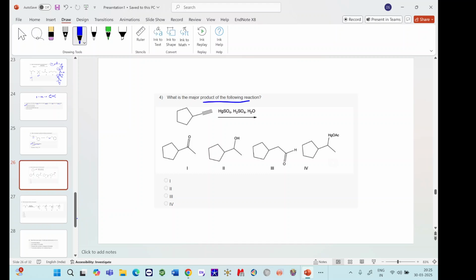Now what is the major product from the following reaction? Okay. So HgSO4, H2SO4, H2O. We have already discussed this one. Let us draw it.